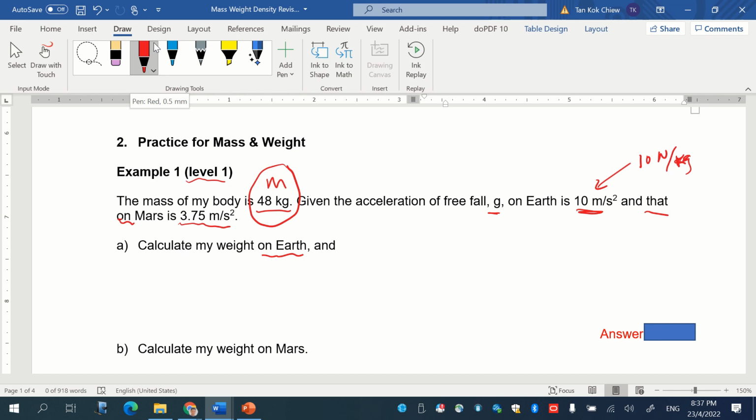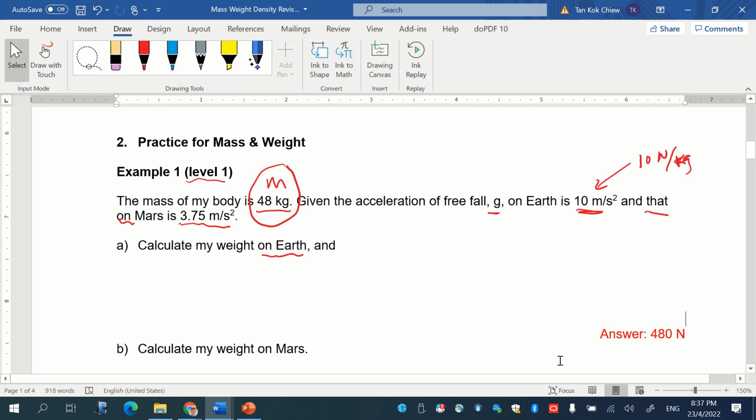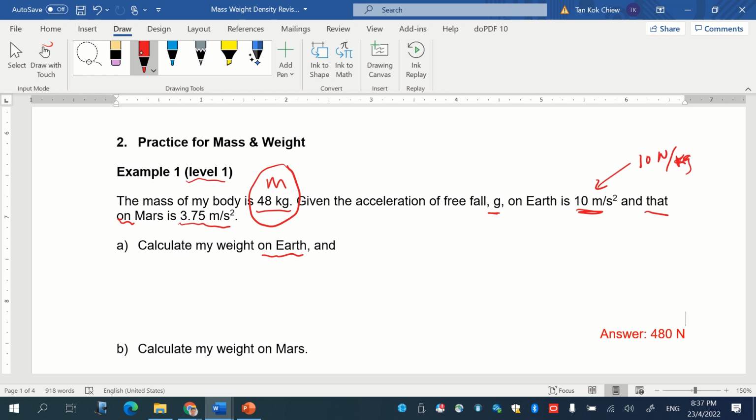Okay, time's up. What is your answer? Did you get 480 Newton? Just a quick check. If I want to find my weight on Earth, it will be W = mg, and all I need to do is take my m, 48 kg, times my g value on Earth, that's 10, and I will get my answer.